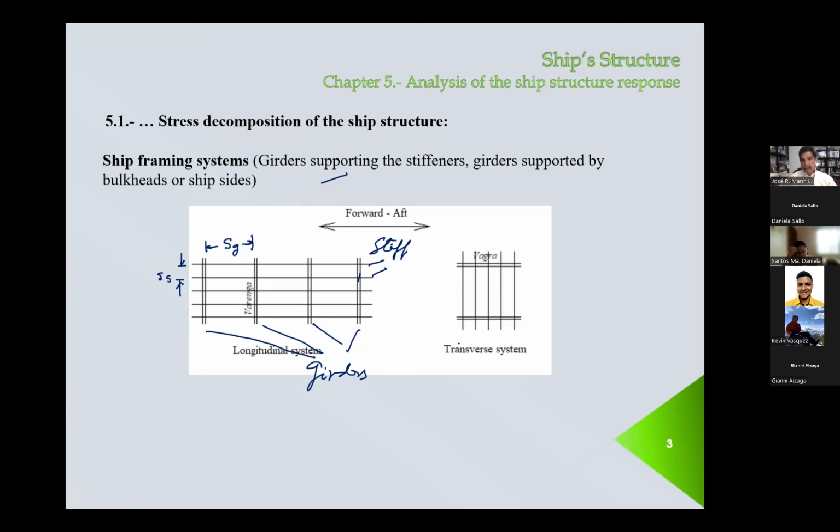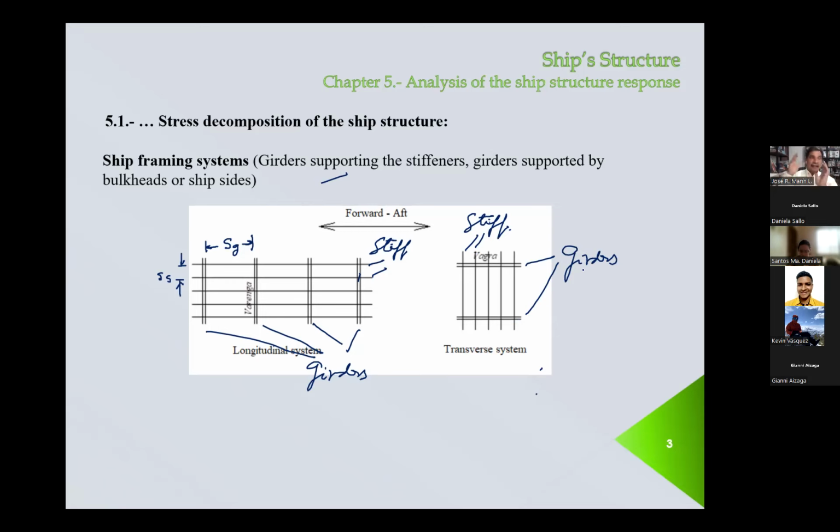Okay. So again, you have this double line. These are the girders. Okay, and here, these are the smaller ones, the stiffeners. Okay, so the pressure, for example, acting on the plate, and the plating is being supported by the stiffeners.